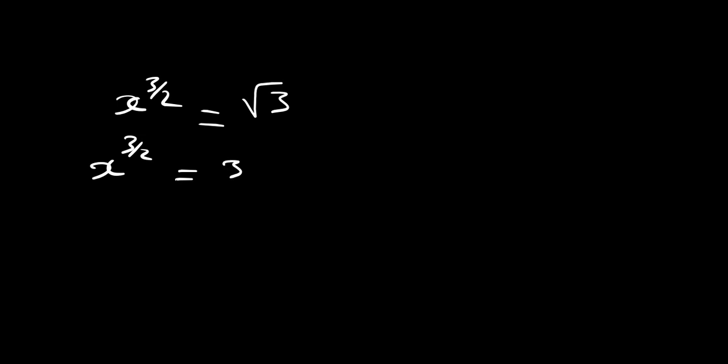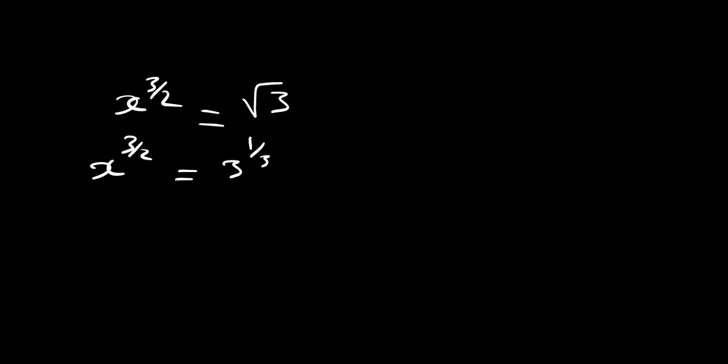What if I've got x to the power 3 over 2? How am I going to solve this one? Then let me say I have a root of 3 on the other side. So it's the same principle, just write it in standard form first. x to the power 3 over 2 will be equal to the cube root of 3, which is just the same as 3 to the power 1 over 3.